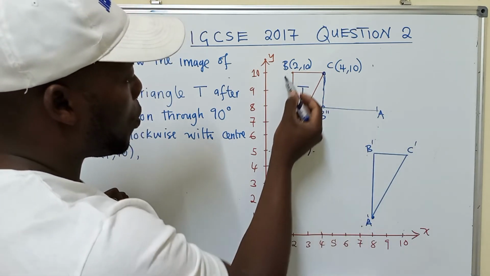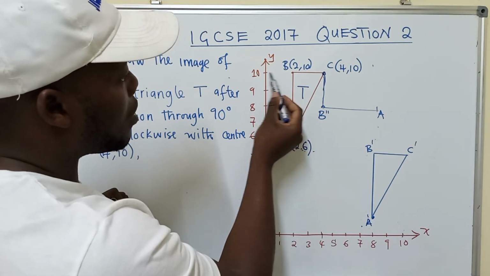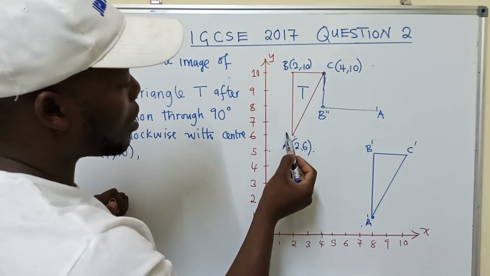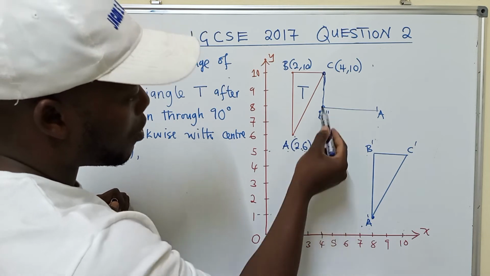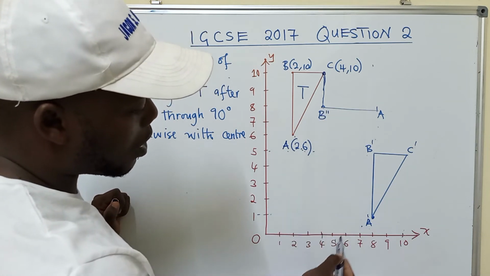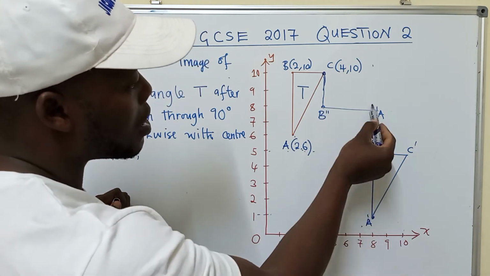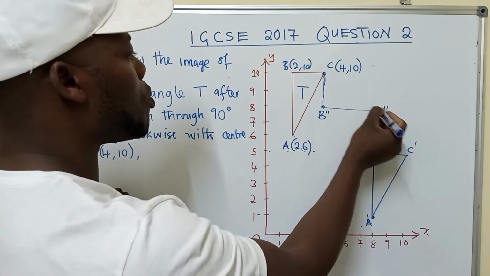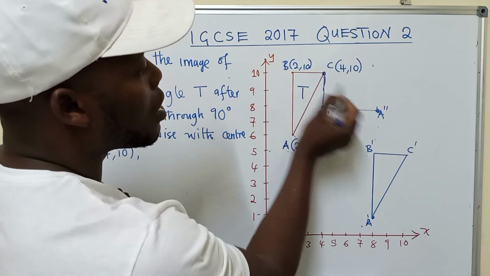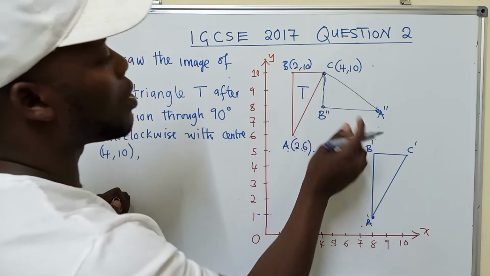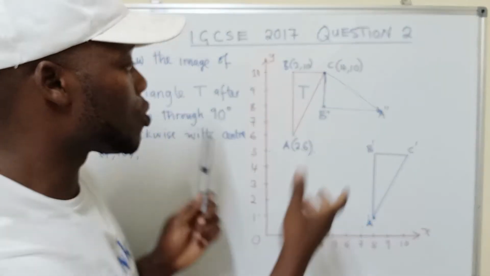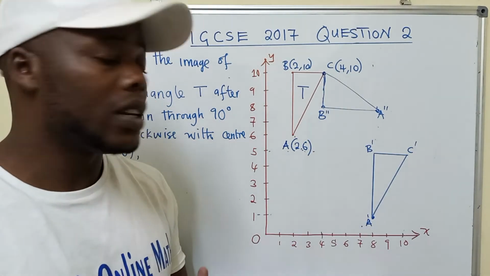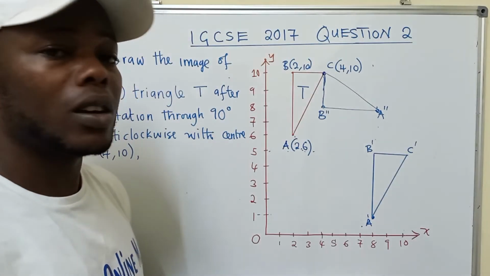You can count from here: 0, 1, 2, 3, 4. So the same here, it's at 4: 1, 2, 3, 4, at 8. So this is where our A double prime will be. Then we join. So this is how we do it, and this is our triangle. It has rotated 90 degrees clockwise.